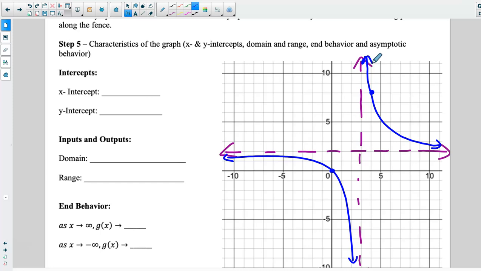x-intercept, y-intercept, what is it? (0, 0), both of them. Domain and range: all real numbers, with the exception of x cannot equal and y cannot equal what 2 numbers?